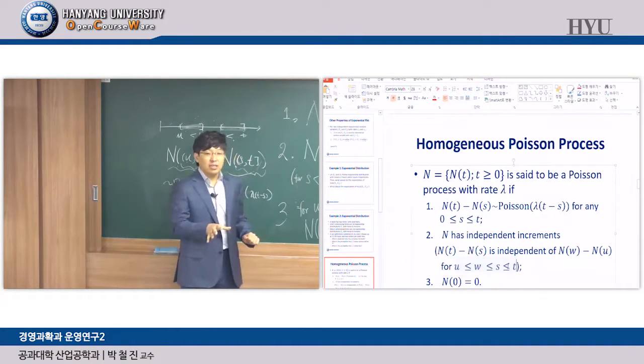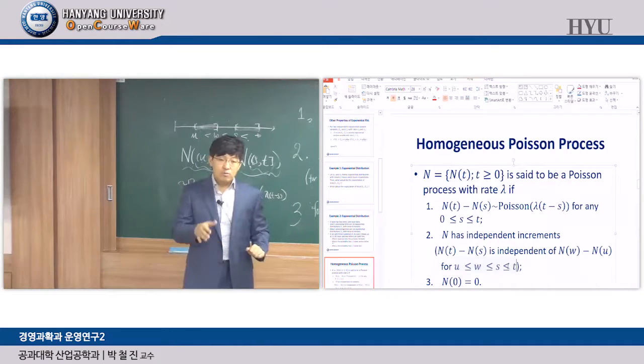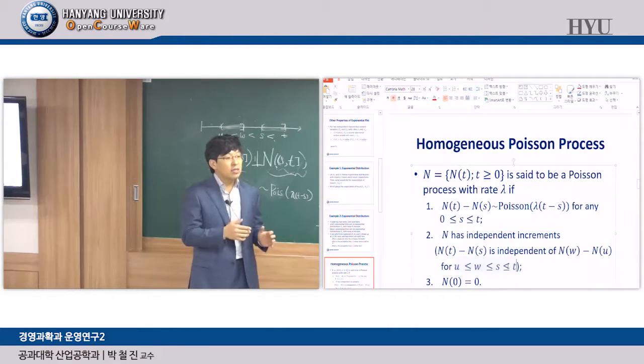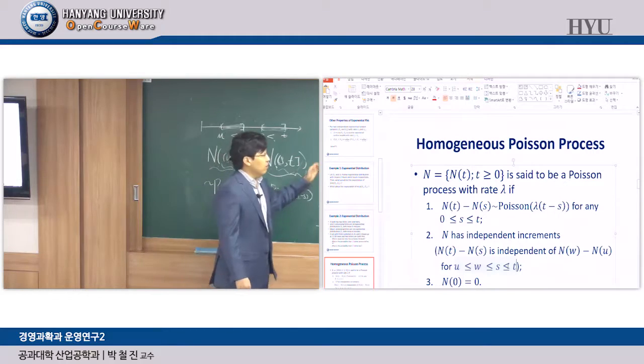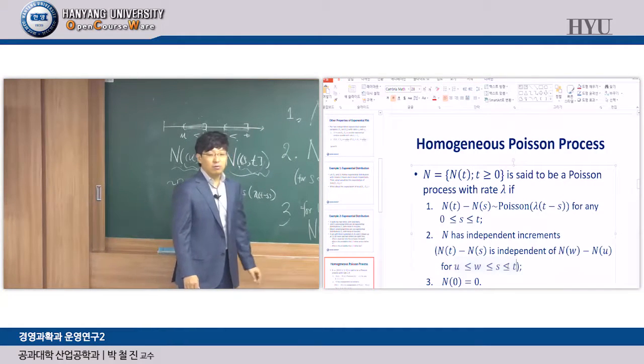But physically, in practice, we can understand this with conditions like all the events occurring with the same probability, and they are independent. Then the number of events occurring from 0 to t satisfies these 3 conditions, and we call this a Poisson process.